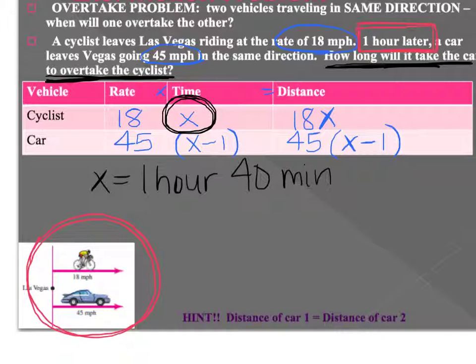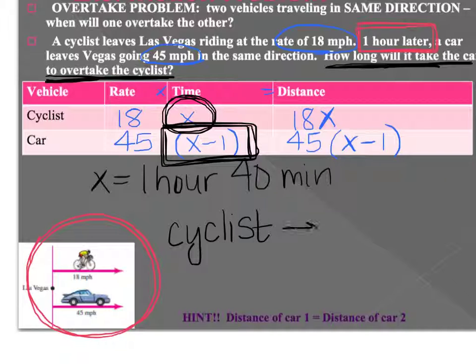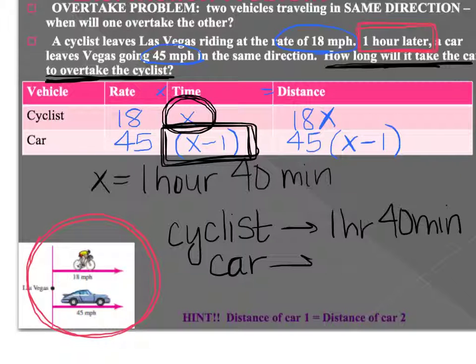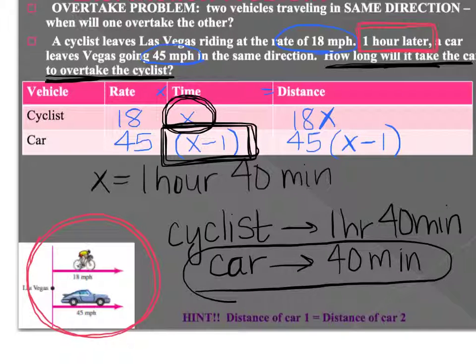So we figured out the cyclist would be driving for 1 hour and 40 minutes. But if we look at the variable for the car, it was driving for 1 hour less than the cyclist. So if the cyclist was driving for 1 hour and 40 minutes, the car was driving for 40 minutes. So it would take the car 40 minutes to overtake the cyclist.